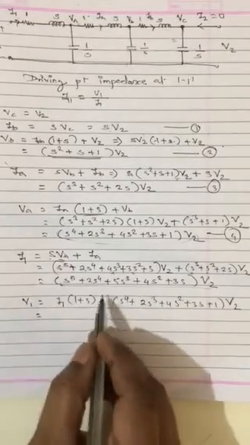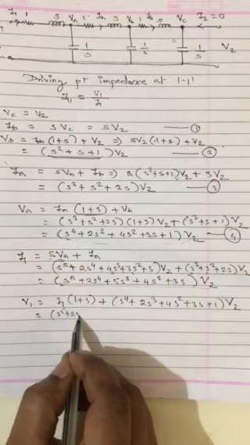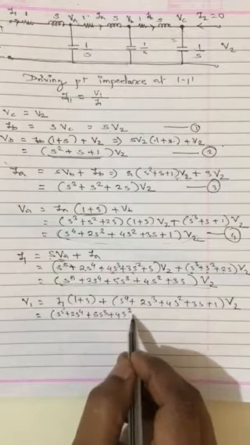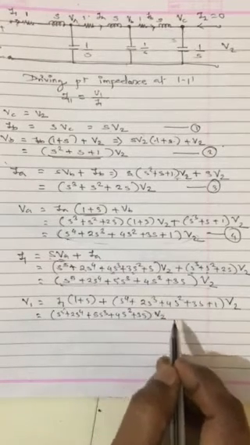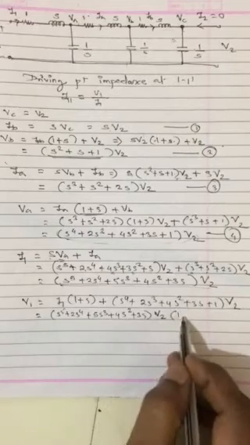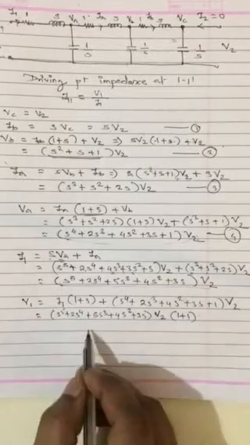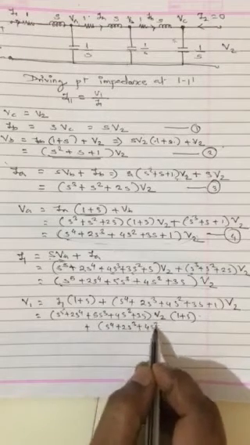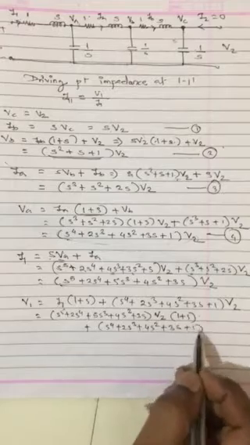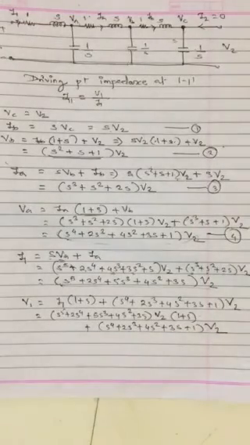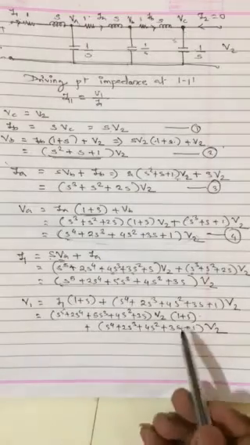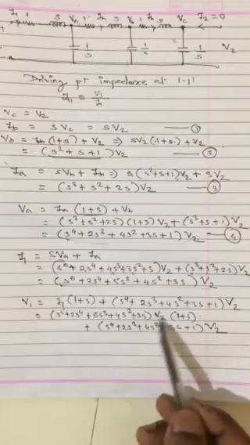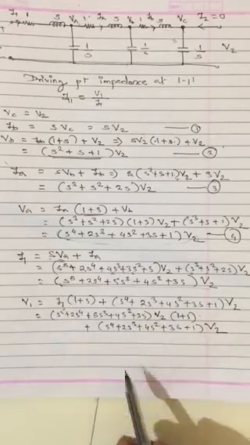Now I1 I am having as s raised to 5 plus 2s raised to 4 plus 5s cube plus 4s square plus 3s, V2. Okay, this is I1 multiplied by (1 plus s), plus (s raised to 4 plus 2s cube plus 4s square plus 3s plus 1) V2, right? So now I have to open this bracket. First I will multiply by 1, then I will multiply by s, and you will get an equation.